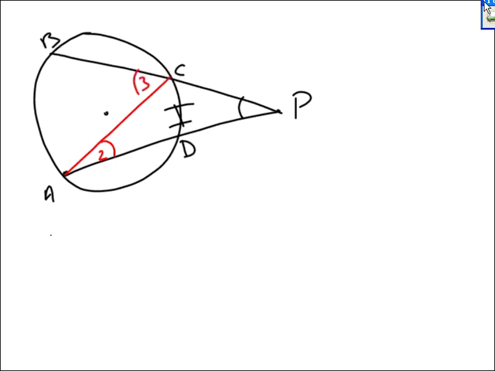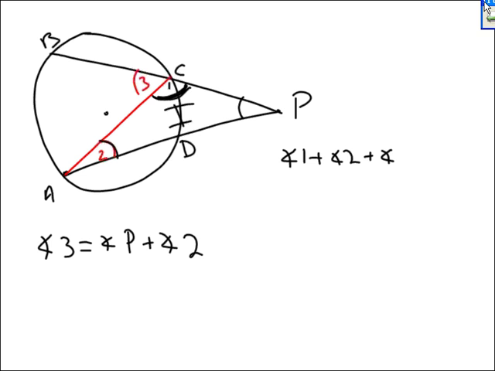Like always, angle 3 is equal to angle P plus angle 2, because this angle equals both. Call this angle 1. You know that angle 1 plus angle 2 plus angle P is 180.